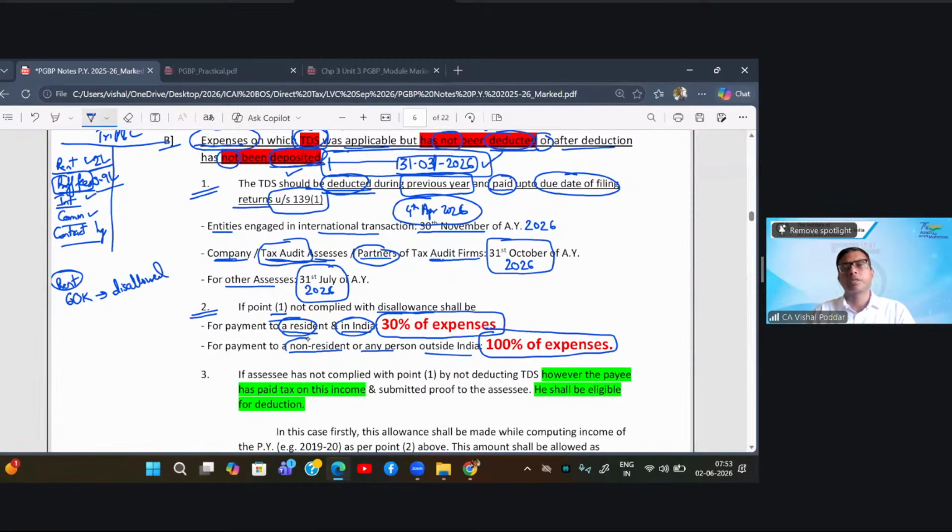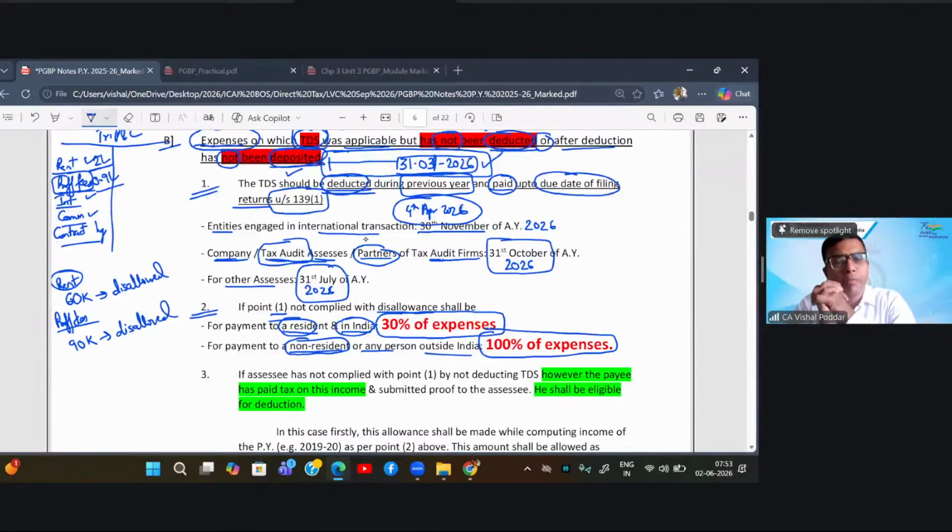Now, in this case, since the payment is made to a foreigner, to a non-resident, how much of this professional fees will we disallow? We will disallow the entire amount, that is the 100% of the expense.